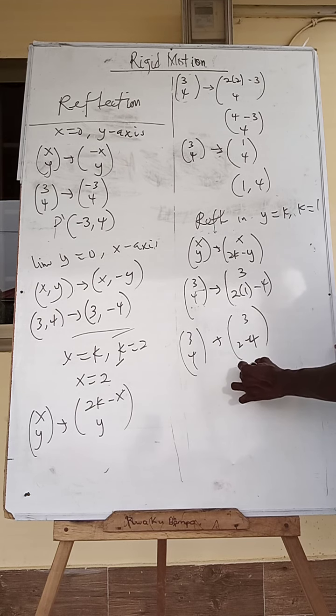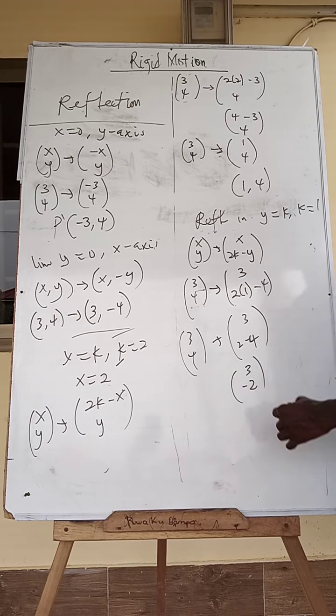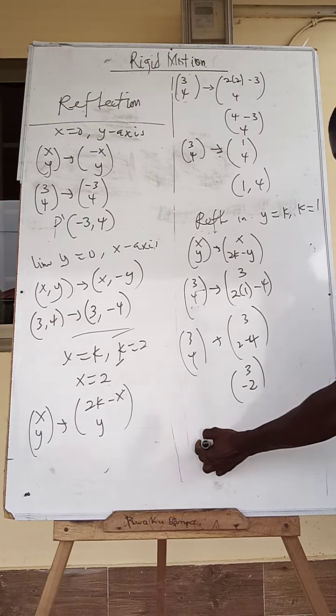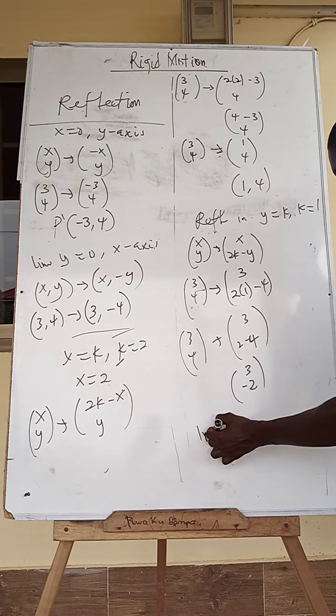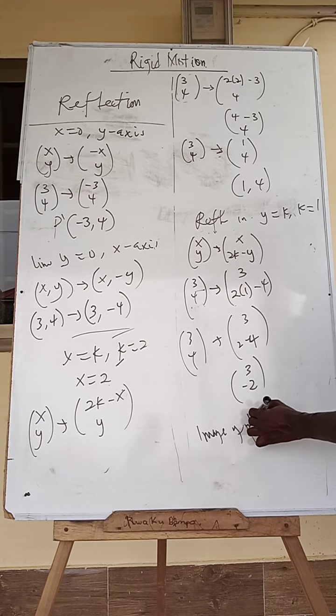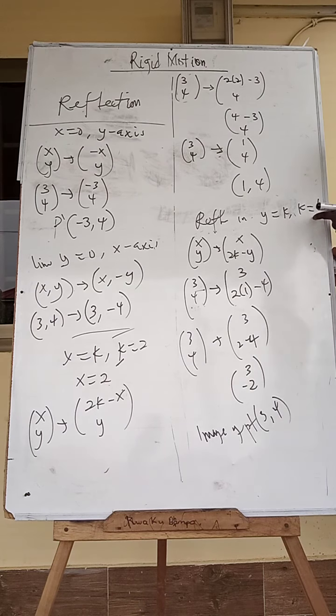So we are going to get 3 and negative 2. So here the image of the point 3, 4, through the reflection in the line y equal 1 is giving us 3, negative 2. I hope it's helpful.